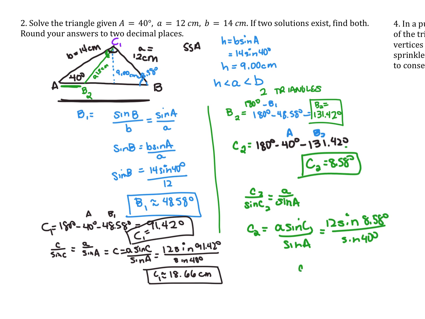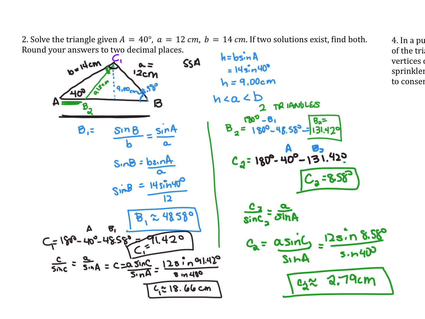So when you plug that in a calculator, the side C sub 2 is approximately 2.79 centimeters. Okay, and then that is that small side here. So there are both triangles.